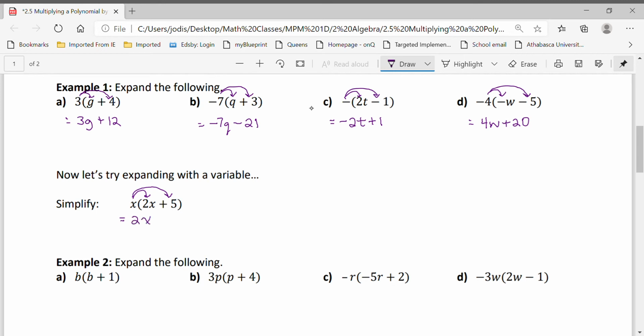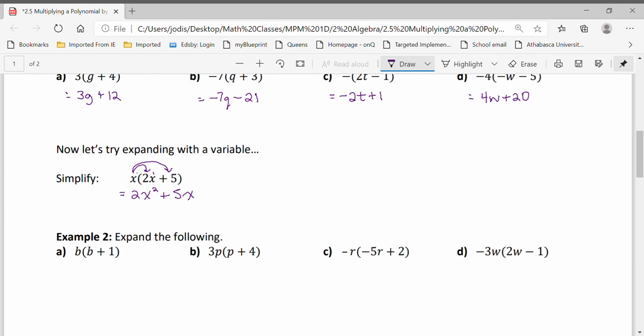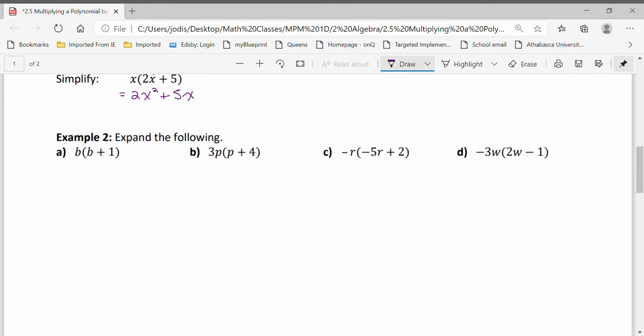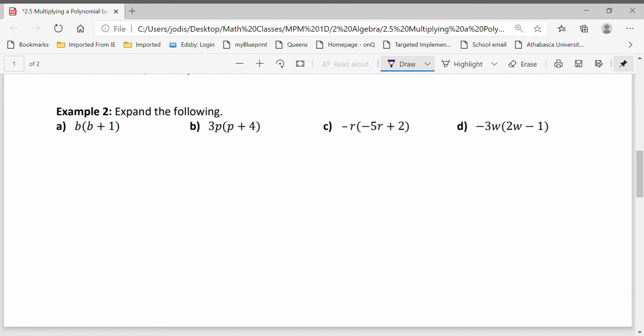So we've got 2x, and 1 plus 1 is squared. Plus x times 5, just 5x. We're going to try a couple more of these with the variable out in front. Again, multiply everything in the brackets. So b times b is b squared, plus 1 times b is just b.